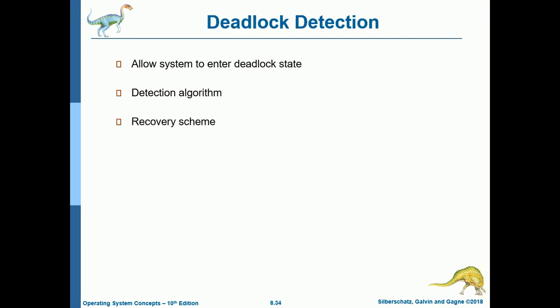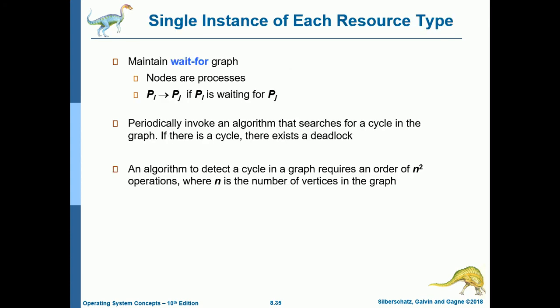Okay, next is we have the deadlock detection. So allow system to enter deadlock state. And then we also have the detection algorithm and recovery scheme. So for the single instance of each resource type, we have this maintain wait-for graph. So nodes are processes, with an edge from P sub i to P sub j if P sub i is waiting for P sub j.